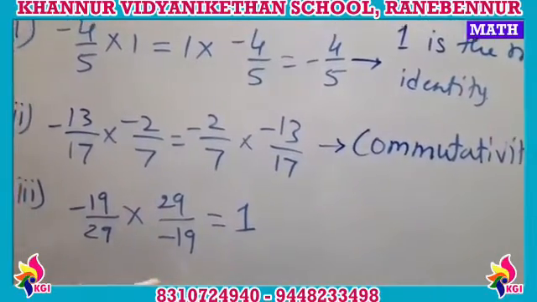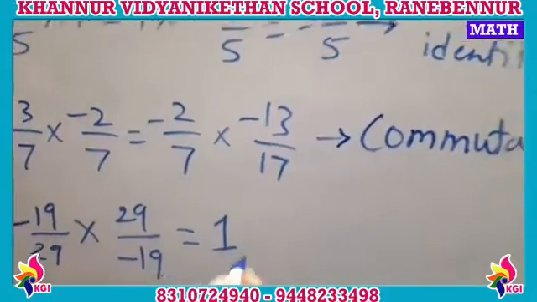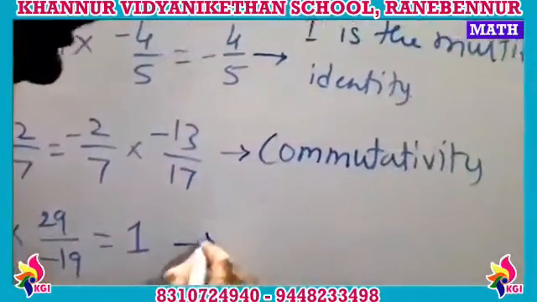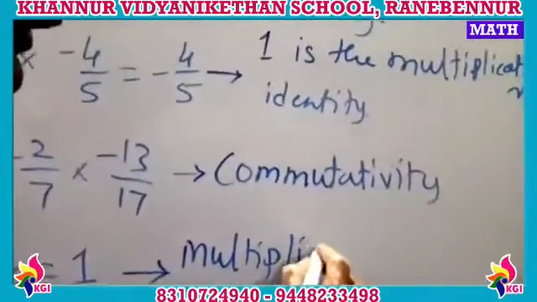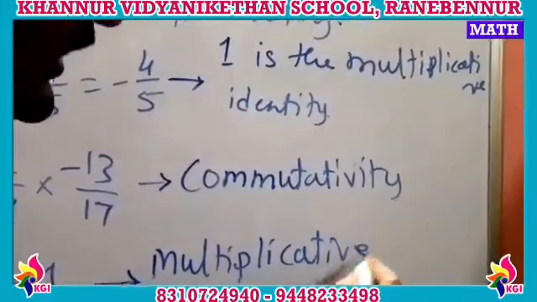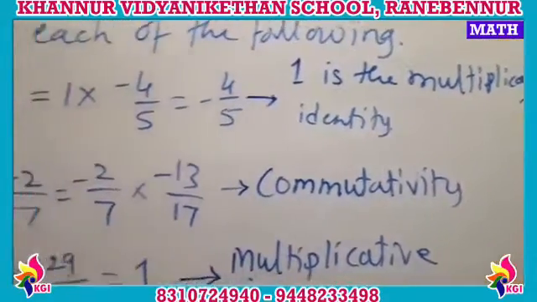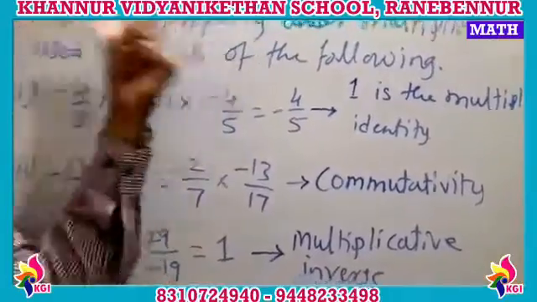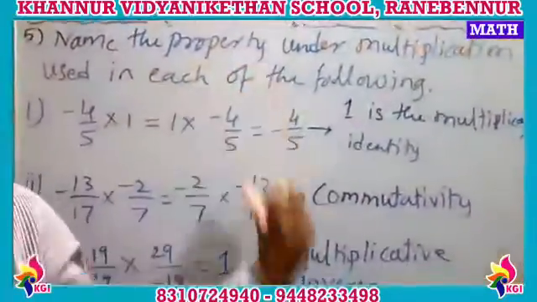So it is something like a multiplicative inverse, correct? So it is used here as a multiplicative inverse. Is it clear, children?